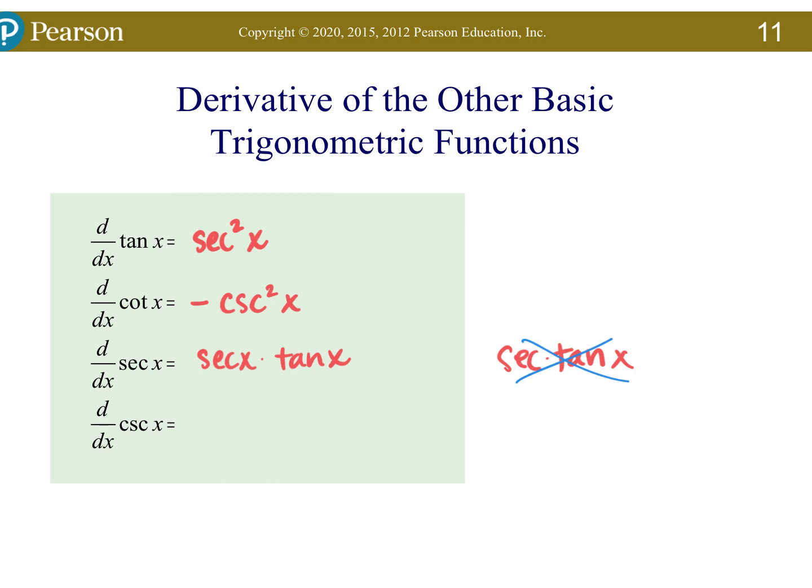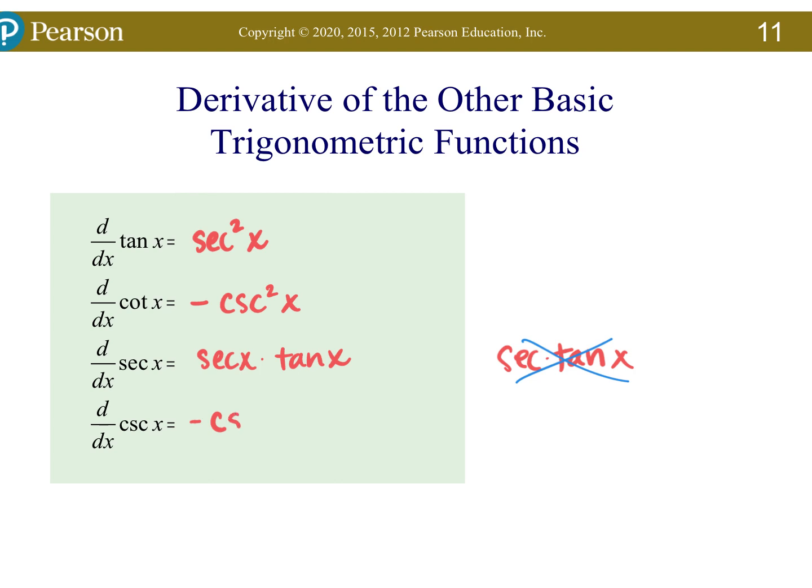All right, so now that you kind of see the pattern, does anybody want to take an educated guess at what they think the derivative of cosecant might be? Okay, Sean? Close. It is negative. It's a multiplication, just like the other one is. Andre?